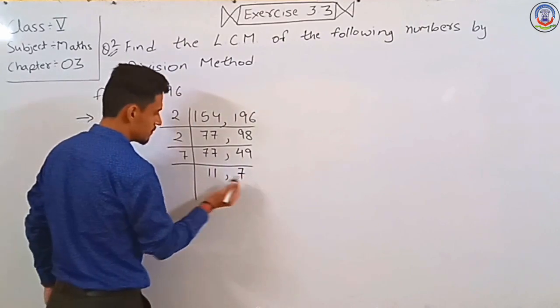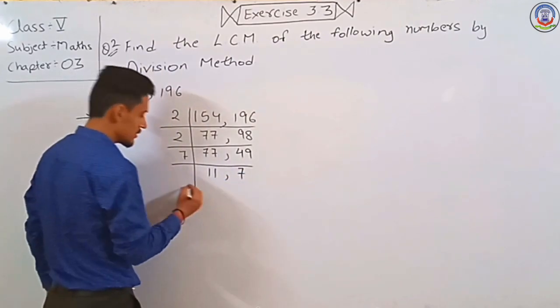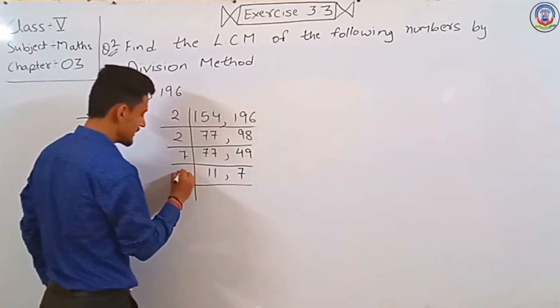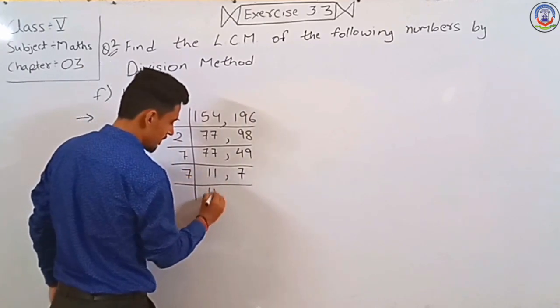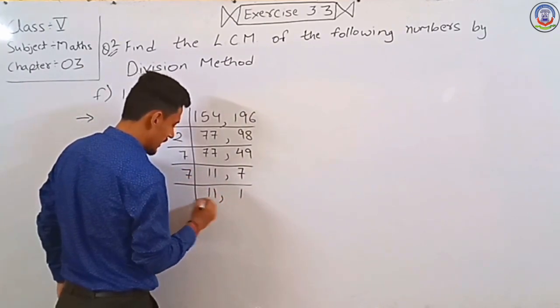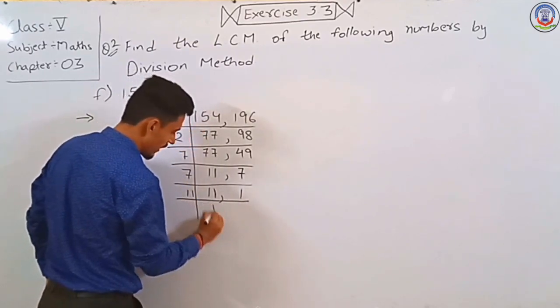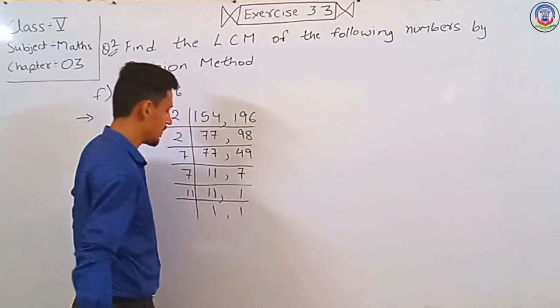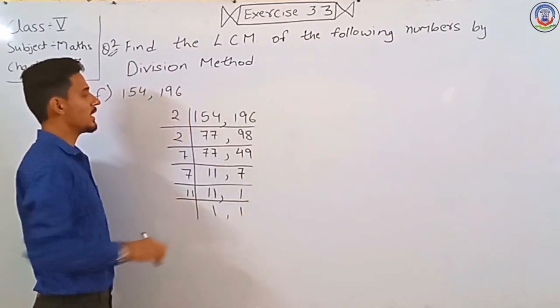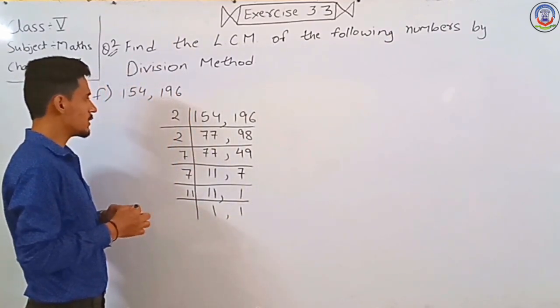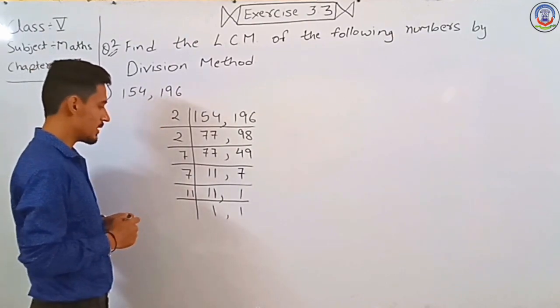Now these both are prime numbers, so 1 time we write 7 and 1 time, and lastly we have 11, that is 1 time. So that's how we can find the prime factors of both these numbers.